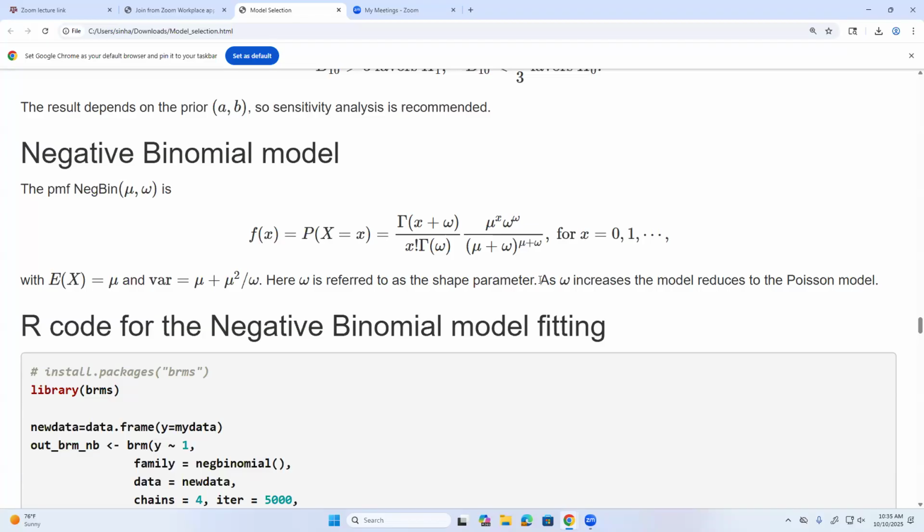One way to do it is through Gibbs sampling, right? So conditional on omega, you sample mu, conditional on mu, you sample omega. But those conditional distributions are not simple, are not any standard distribution. So you need to employ some sampling technique.